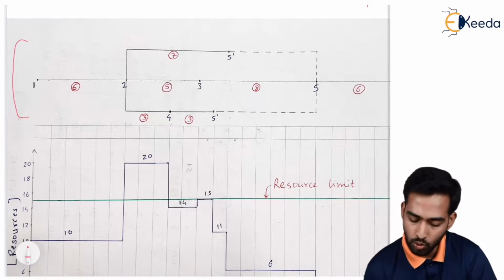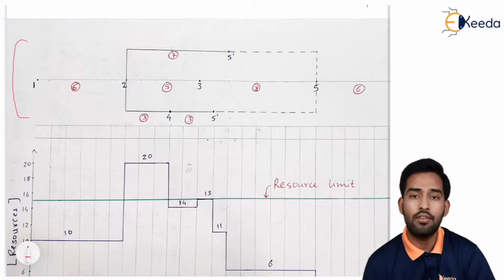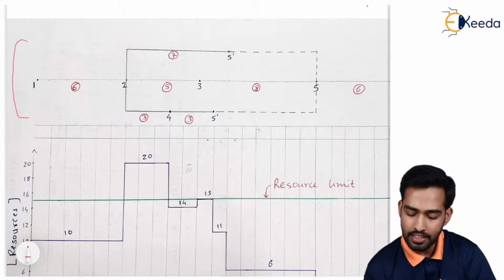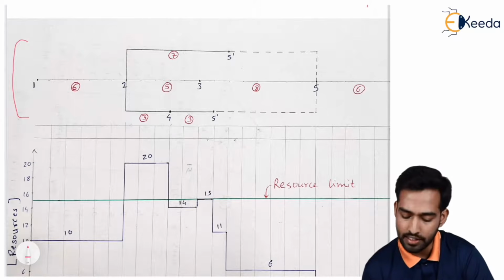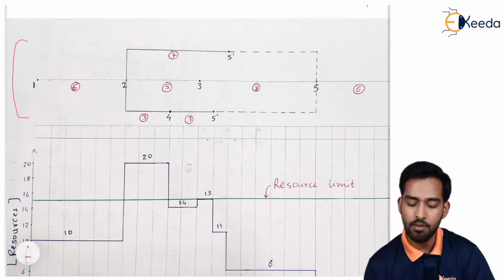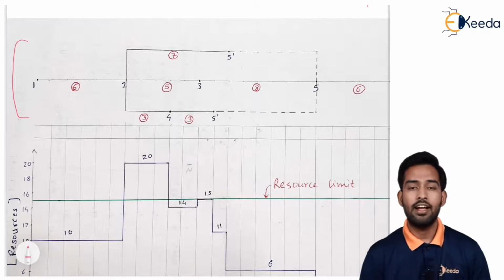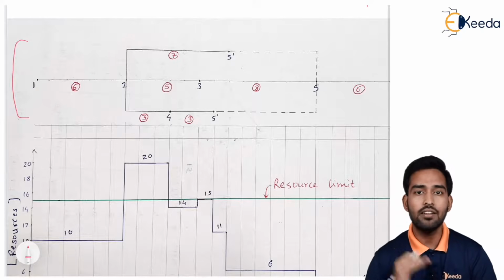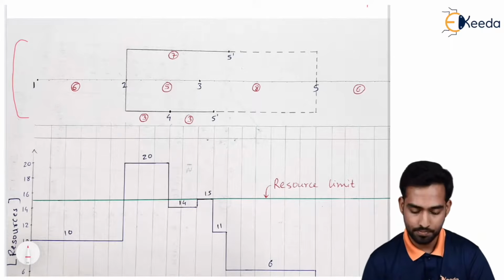So for activity 2, 5 the total float available is 6 days. Same for activity 3, 5. The dotted lines represent total float available, so float available over here is 7 days. It means you can delay these activities by the number of days available as float.